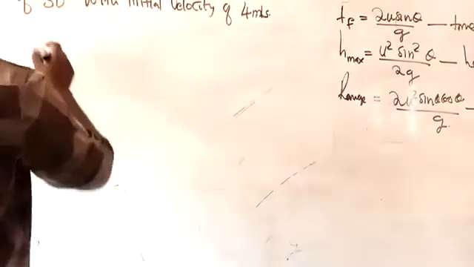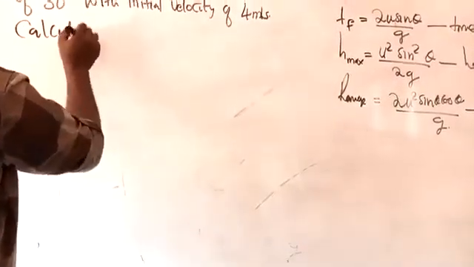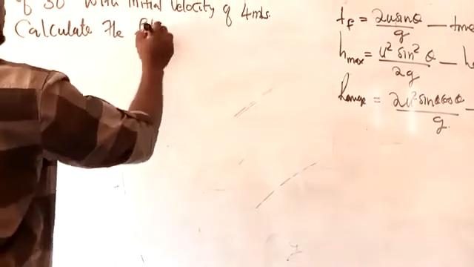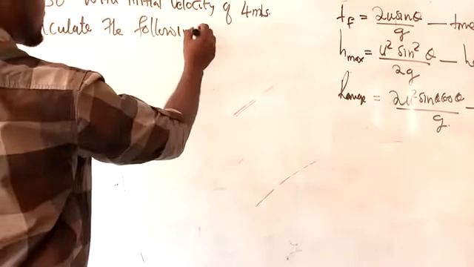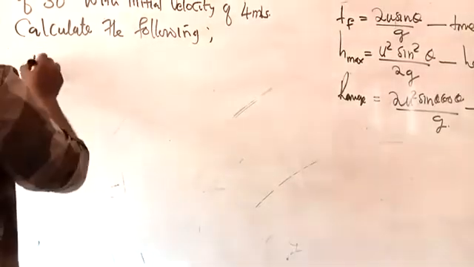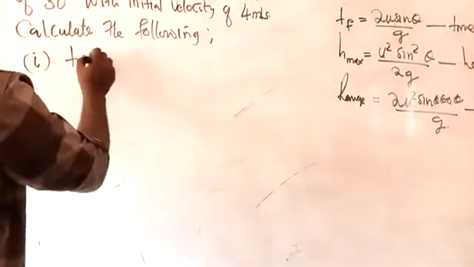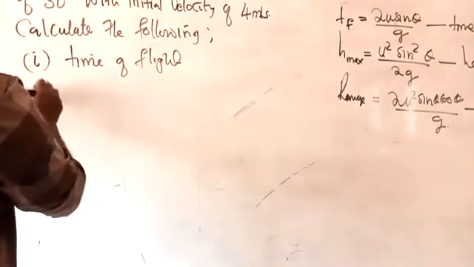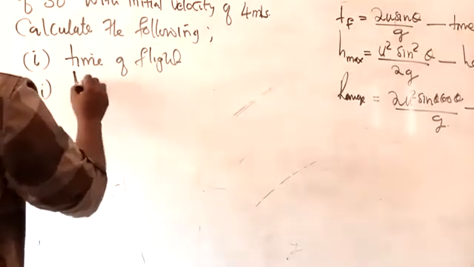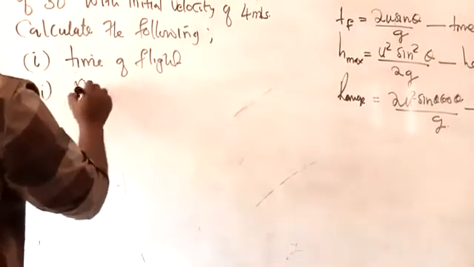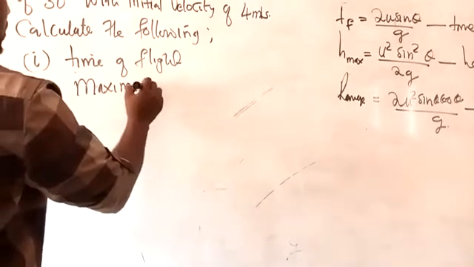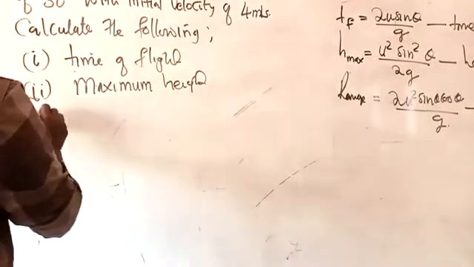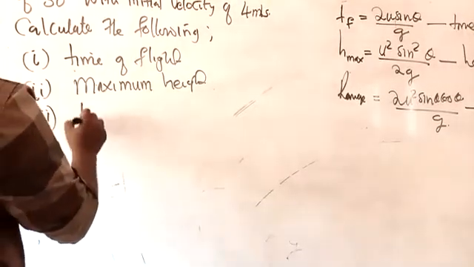Okay. Calculate the following. Then we list them. Calculate the following. Number 1, time of flight. Number 2, in that order, maximum height. And lastly, range.